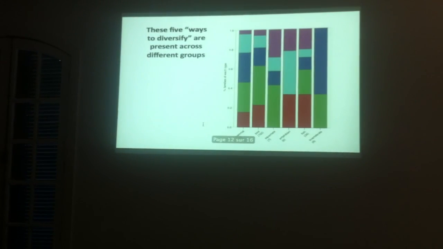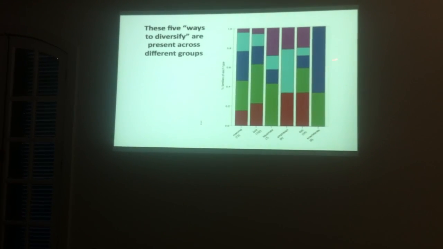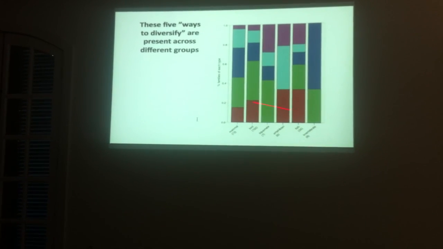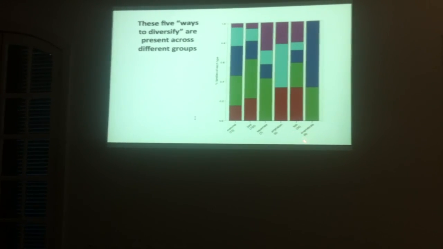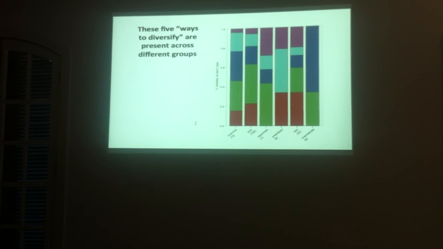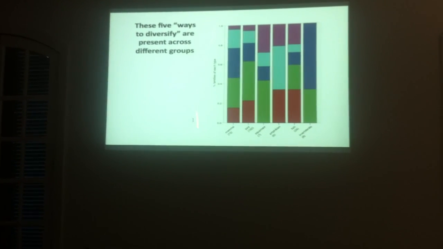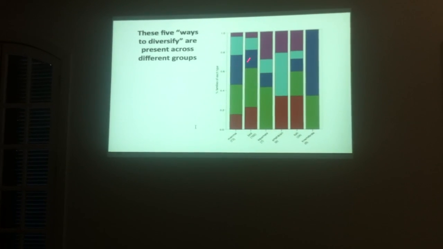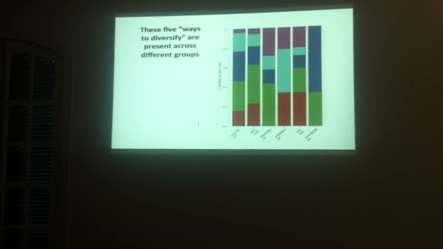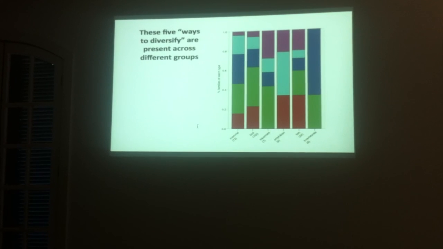Now we can see how they are represented across the different groups of animals, and there's a big bias here because there are few phylogenies in this group and this group, but when we have a good representation of the groups, these different ways to diversify are present in more or less the same frequency across different groups.